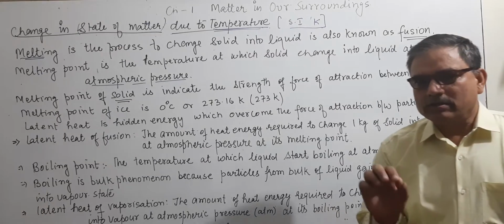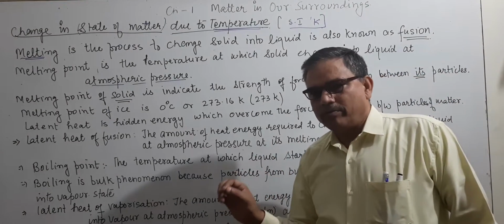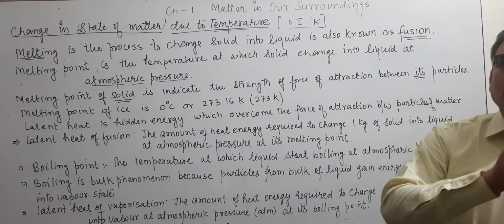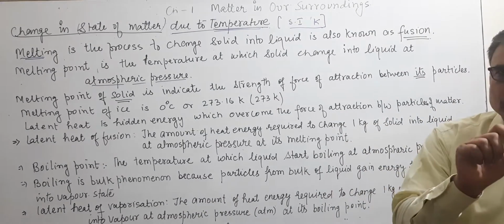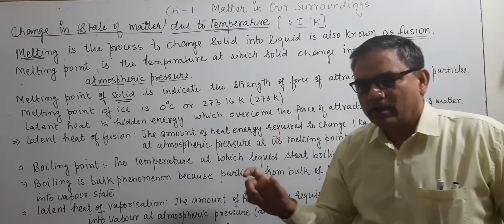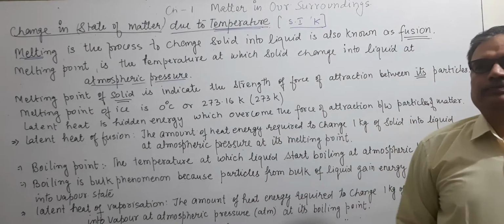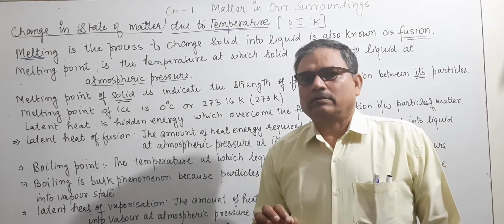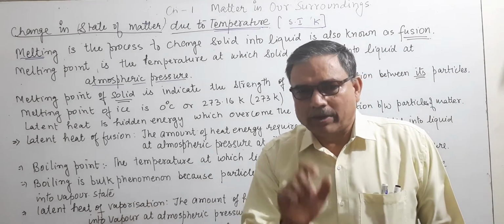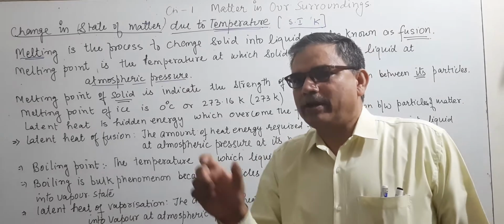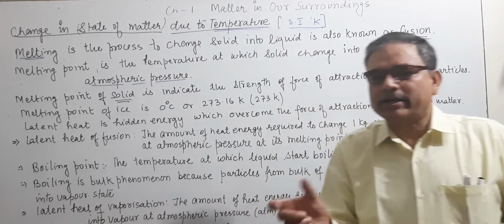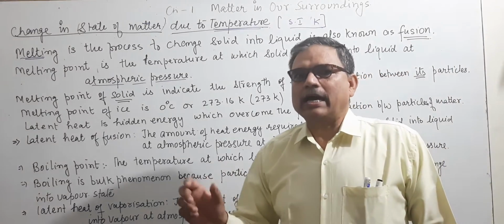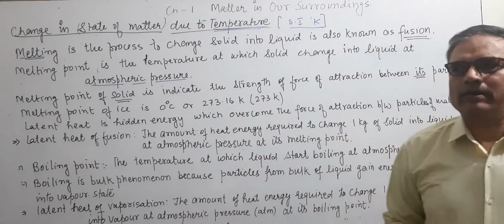When the ice is changed into liquid, means water, then we have to measure the temperature of the ice and the water simultaneously, because both states will exist, दोनों स्टेट एग्जिस्ट होंगे. And we measure the temperature with the help of a thermometer. I think you know it very well.